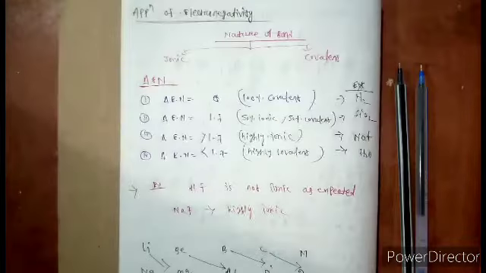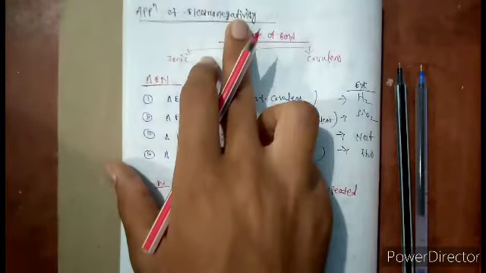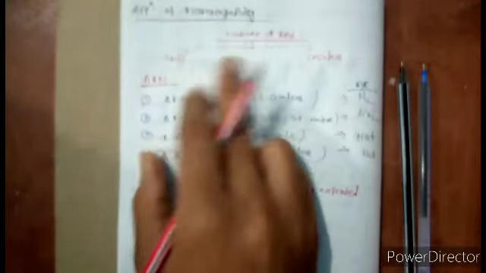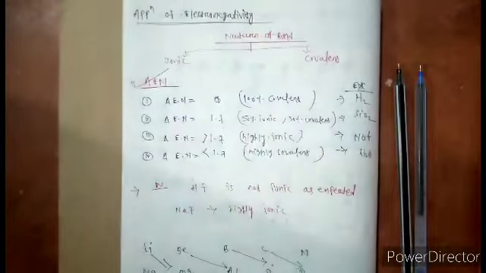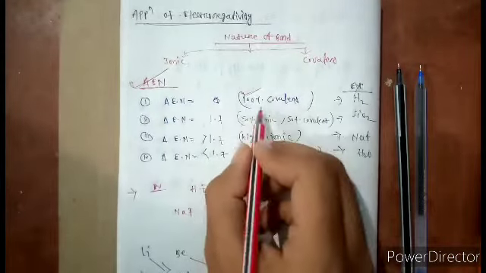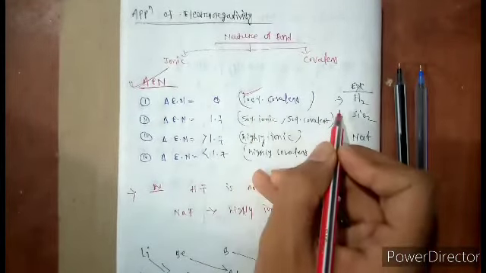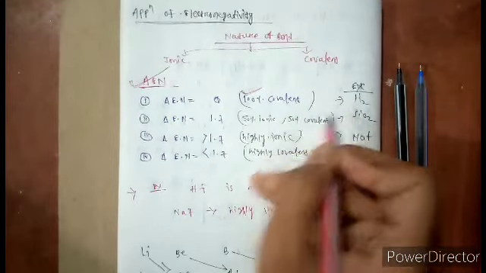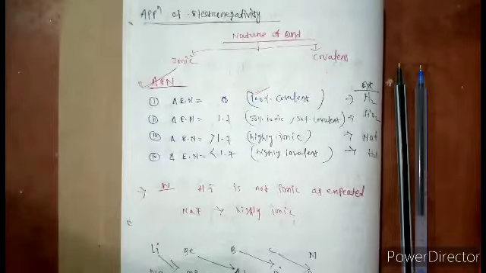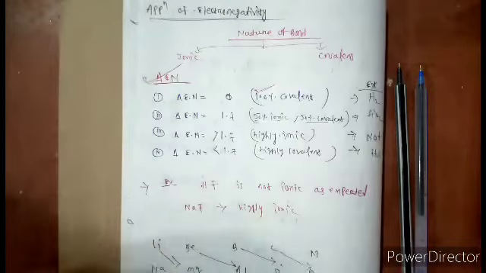Then come to the application of electronegativity. Nature of bond. There are two types of bond, ionic and covalent. If the electronegativity difference is 0, then it is 100% covalent. Example: S2. Here the electronegativity difference is 0. If the electronegativity difference is 1.7, then it is 50% ionic and 50% covalent.